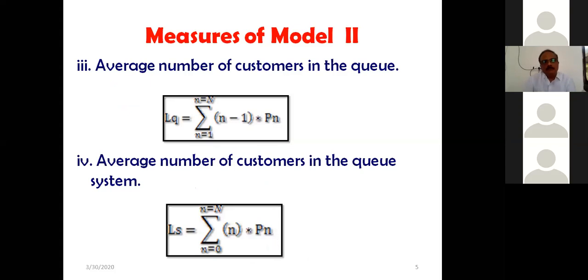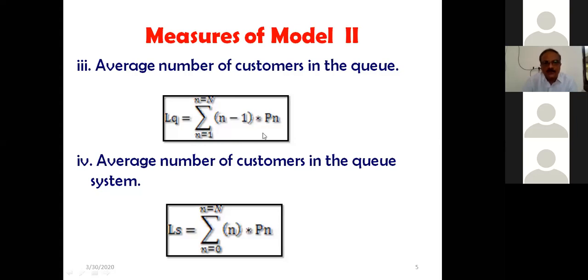If someone wants to find the average number of patients visiting the doctor and waiting for the doctor, the average number of customers in the queue is given by LQ, with n equal to 1 to n equal to capital N. Now here you can see there is a difference between capital N and small n.